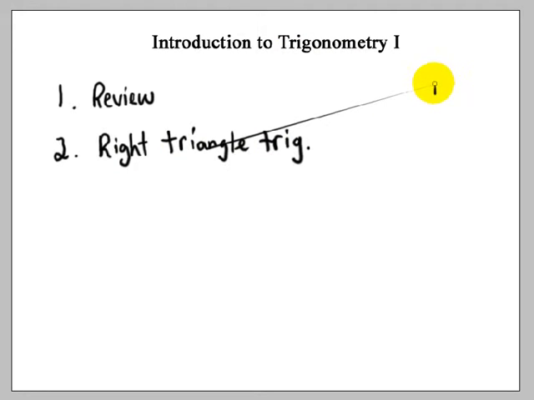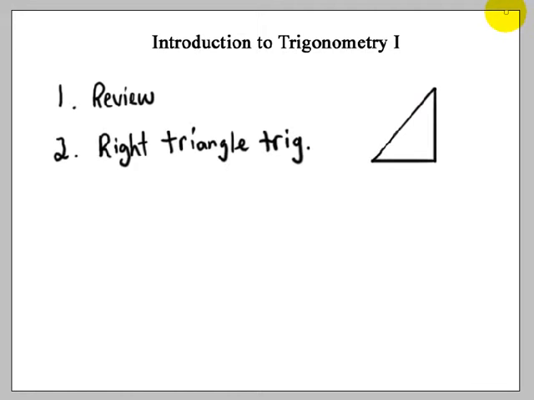I guess the first thing you should know is, what is a right angle? Well, a right angle is just a fancy way to say a 90-degree angle. A 90-degree angle, it's like the corner of a square, right? It's kind of like right here. It's kind of like the wall to a floor or a wall to a ceiling.